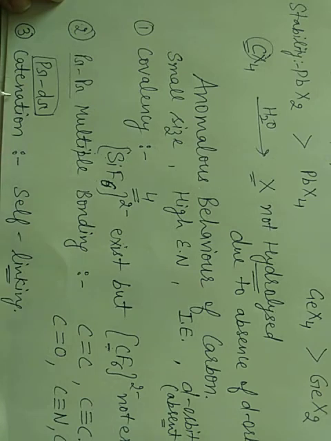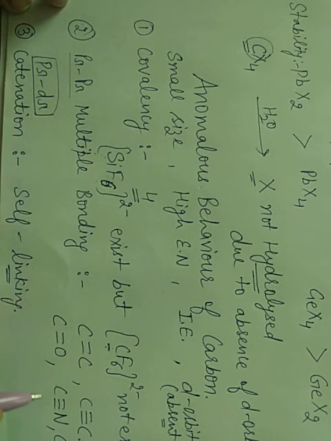This property is called catenation, and carbon shows the property of catenation. The tendency of catenation depends on the strength of the element bond, which is explained in terms of bond energy.